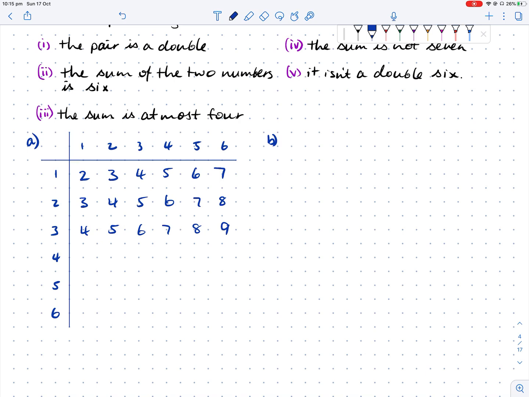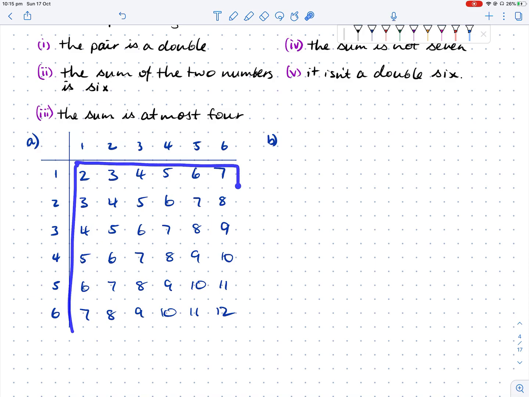And we just want to fill in this table here with these numbers. 7, 8, 9, 10, 6, 7, 8, 9, 10, 11, and 7, 8, 9, 10, 11, 12. So what we've done here is we've written out all of the possible outcomes. There's 36 of them because you've got 6 numbers on one die and 6 on the other one.